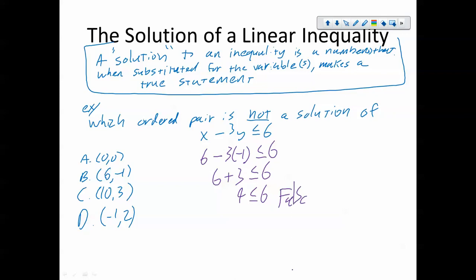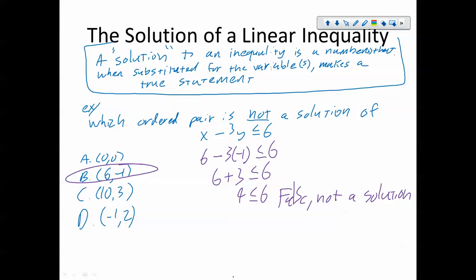It is false. Therefore, this is not a solution. When we plug a number in and it's false, it is not a solution. So the one of these that is not a solution is B, because when I plug it into the inequality, it does not make a true statement.